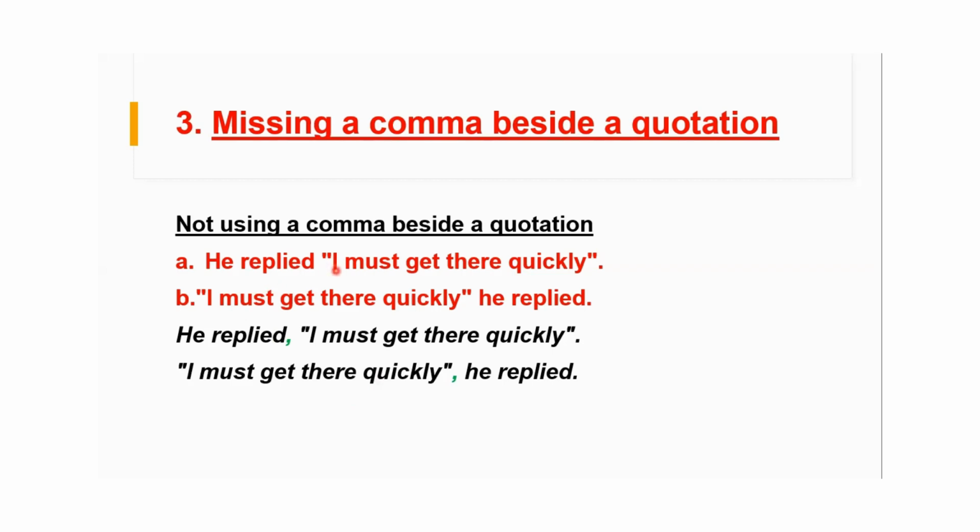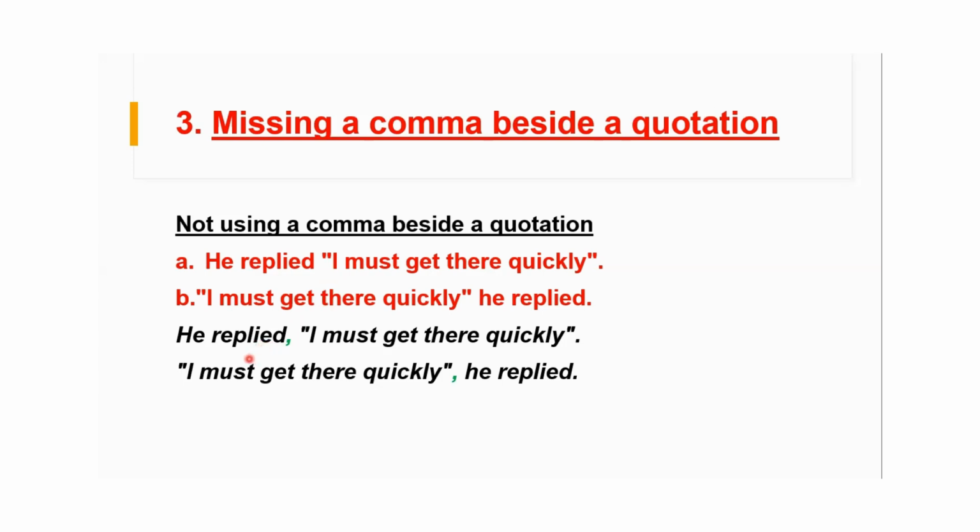So it's wrong to write this with no comma separating the person who said it and what was said. Look at this again: "I must get there quickly, he replied." So no matter how you're writing it, whether you put what was said first or last, you need to separate it with a comma from who said it.